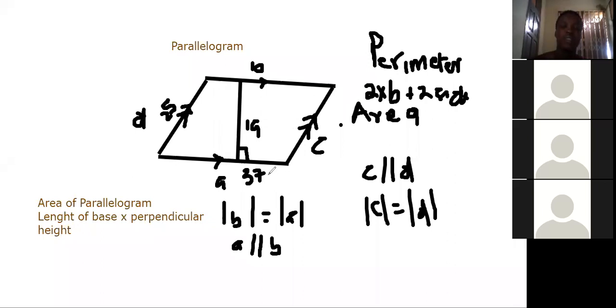Here is 37 cm, 25 cm, and here is 19. What's the perimeter? Yes, it is 124.